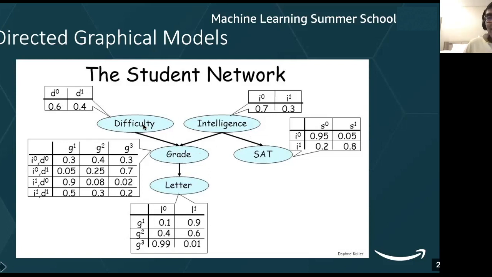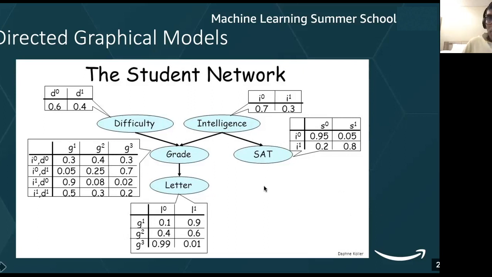Since difficulty does not really depend on any other node, it's an independent random variable in that sense, and therefore there is no conditional aspect to difficulty. The same applies for intelligence. There is no other variable or node which influences intelligence, and therefore there is no conditional aspect to intelligence as well.